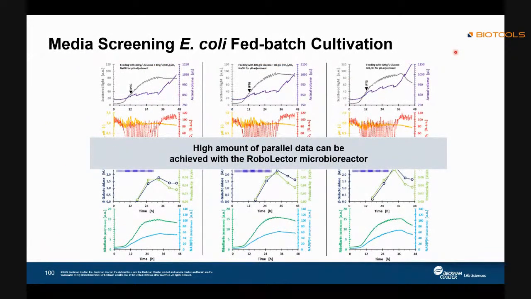And for the media screening, this is the E. coli fed-batch cultivation, and we can have a lot of parallel data so that we can make sure they are not only one-time data, and they can be compared to see if everything is monitored at the correct rate or not.